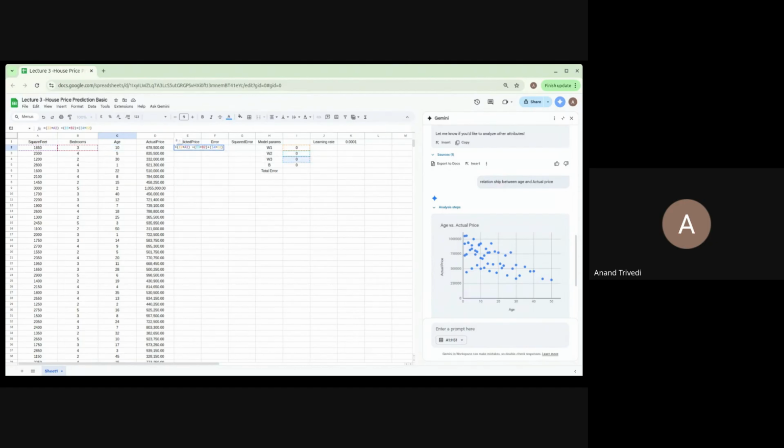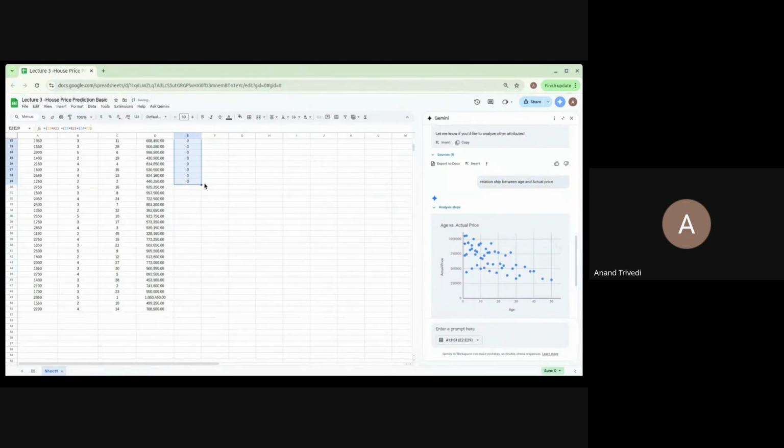And if I want to add any bias, I can add it, but as of now I will keep it as it is. So this is what it is, and I will just copy it to all of them. Done.